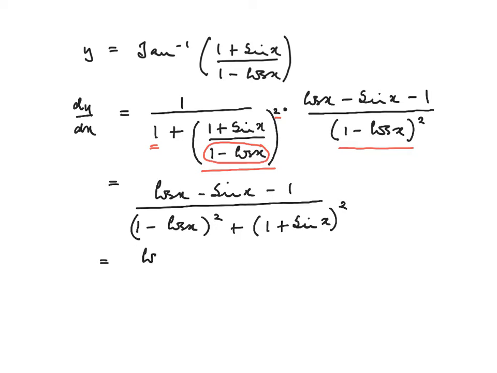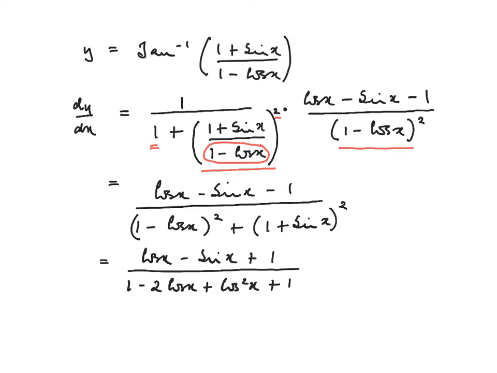Now, on the bottom we've got to expand these square brackets, so it's 1 minus 2 cos x plus cos squared x plus 1 plus 2 sin x plus sin squared x. And we've got, finally then, cos x minus sin x plus 1 on top.